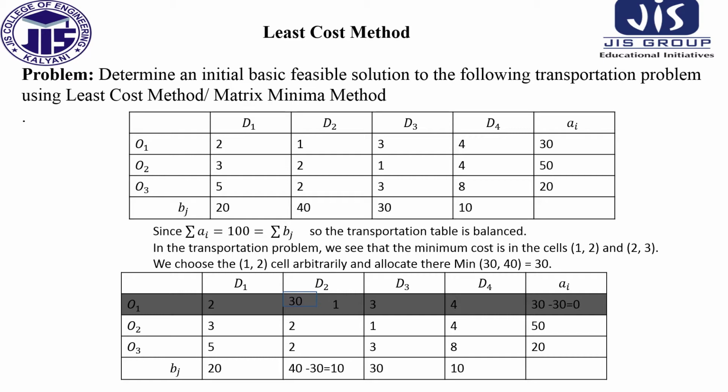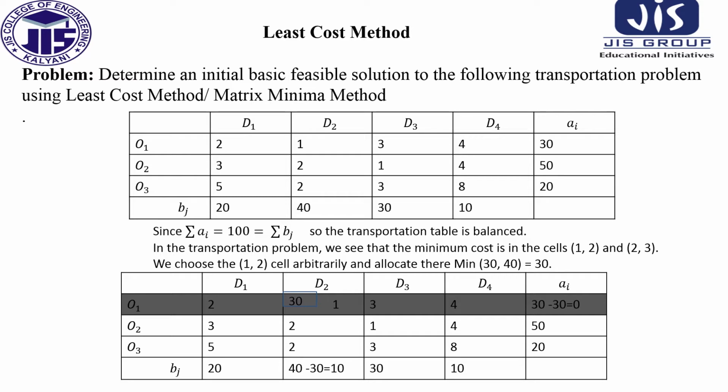But there are three ones: one in the C12 cell, another in the C23 cell, and another one. You can start with any of these cells. I have started here from the 1-2 cell.